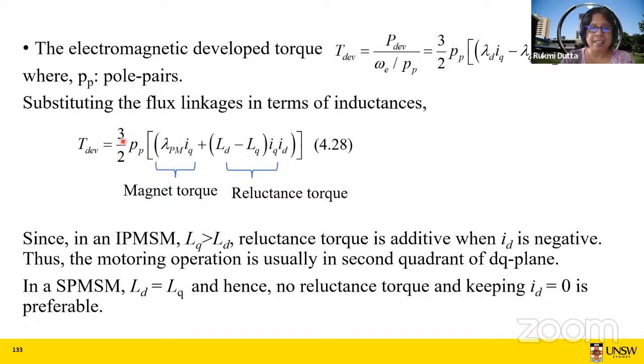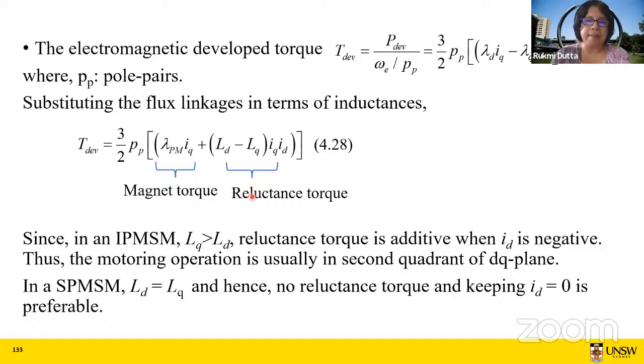We have a constant, 1.5 times pole pairs, a flux coming from the field or rotor, in our case magnet flux, times the armature current. In a synchronous machine, the stator current is the armature current. So this becomes like a DC motor torque, and to control it we can use our knowledge of DC motor control and apply classic linear control theory of PI controller design. So that's another good thing.